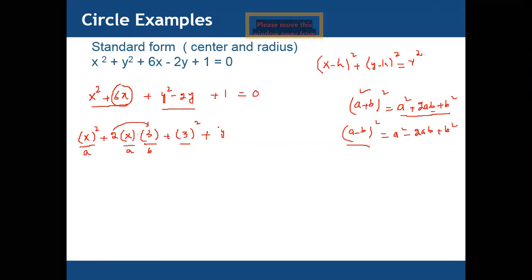y square is a square, minus 2, then we have a and b, plus we have b square. So this one is a minus 2ab. So a is y, b we don't know yet, but now we have here minus 2y.